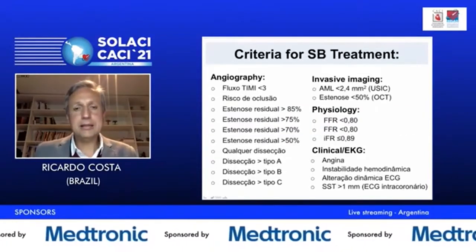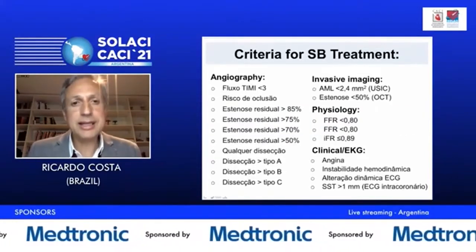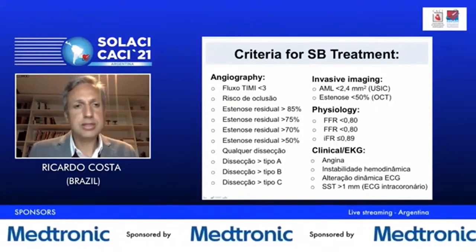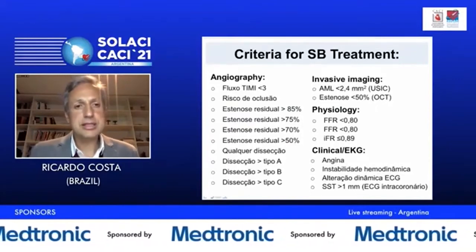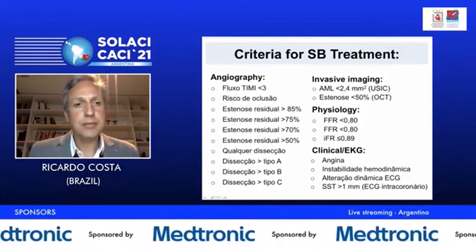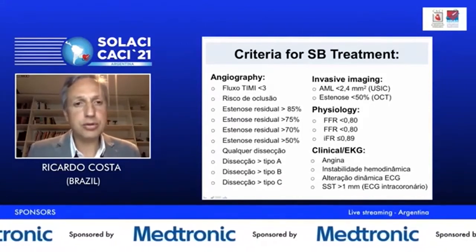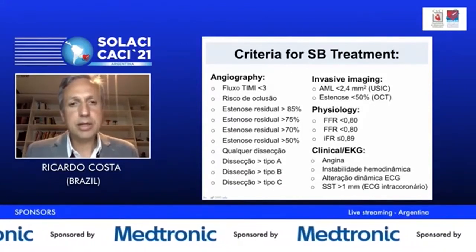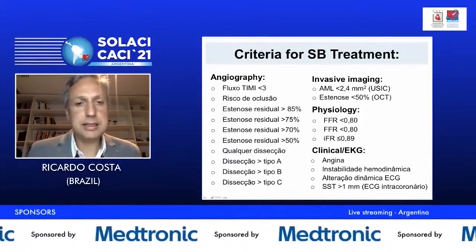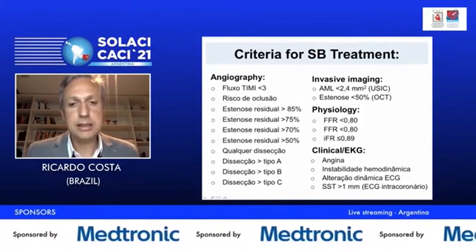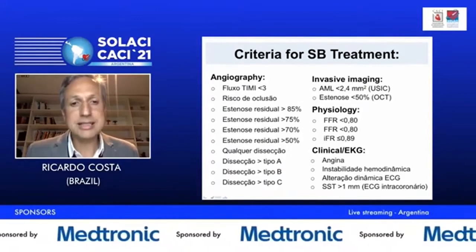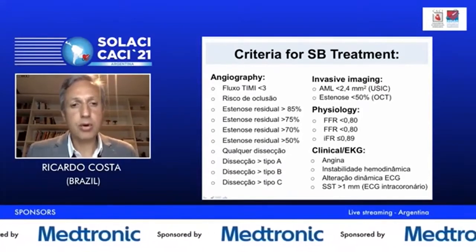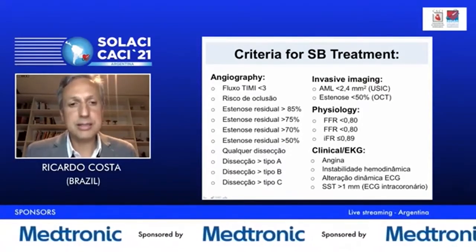What criteria should we use? Here it's pretty clear that we don't have a consensus. The angiographic context, whether there is reduced flow, occlusion risk, stenosis more than 75 or 50 percent, all those criteria have already been used in clinical trials.